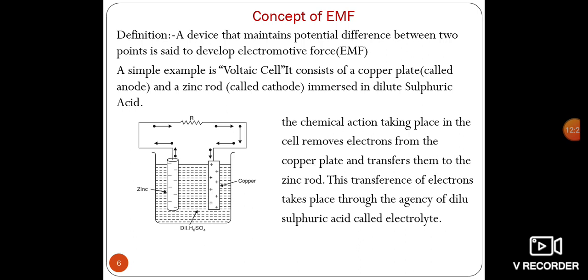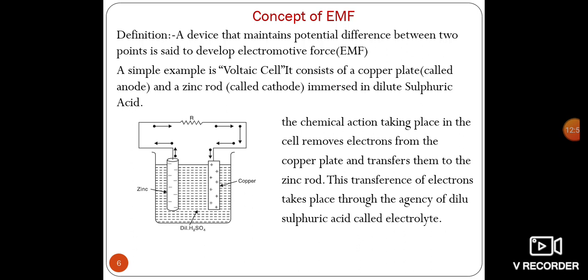On the left side we have the zinc electrode and on the right side the copper electrode. Both are immersed in dilute sulfuric acid, which acts as the electrolyte. The chemical action taking place in the cell removes electrons from the copper plate and transfers them to the zinc rod. The transference of electrons takes place through the agency of dilute sulfuric acid, called the electrolyte.